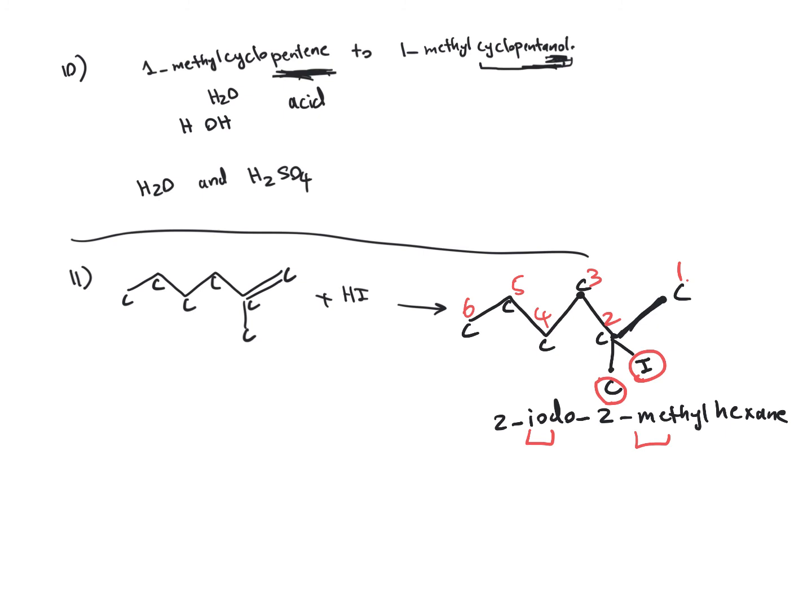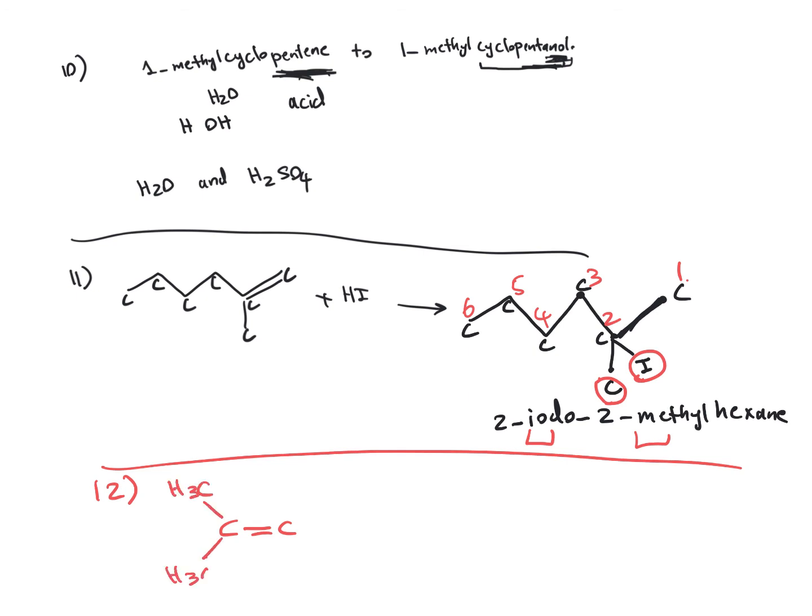Let's go to question 12. What is observed when water in the presence of sulfuric acid is added to 2-methylpentane? And we also have the formula here. So remember what we do in these instances.